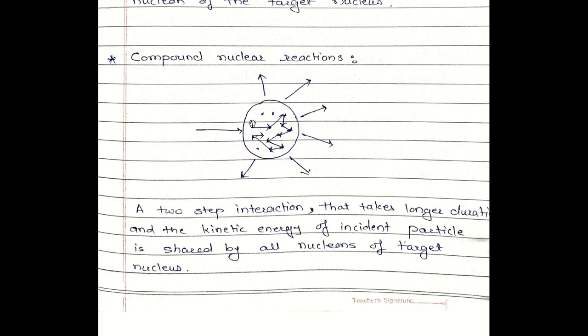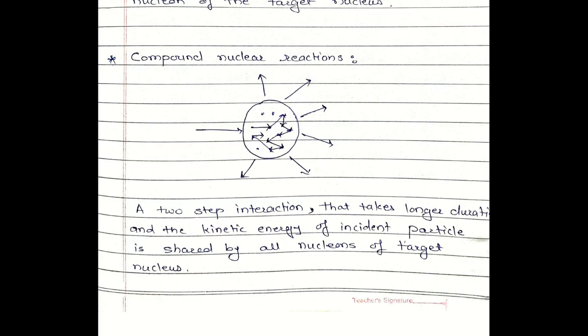The energy will be shared by all nucleons, right? And up to what time will this energy be shared? This energy will be shared among all nucleons until this nucleus achieves a statistical equilibrium.